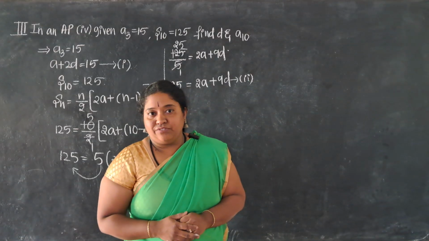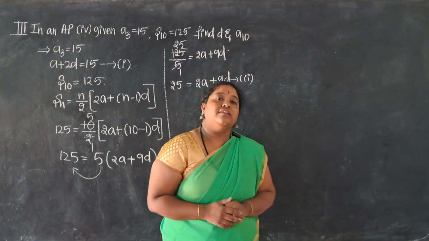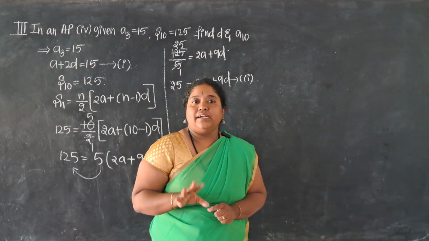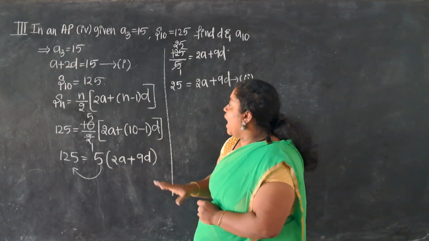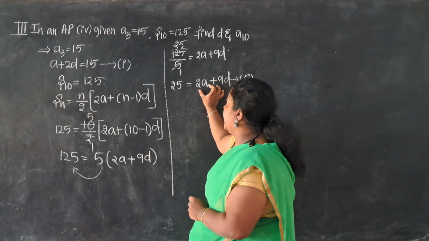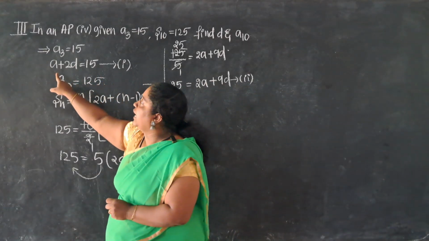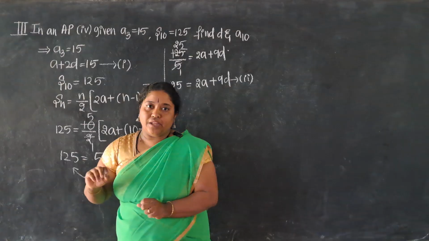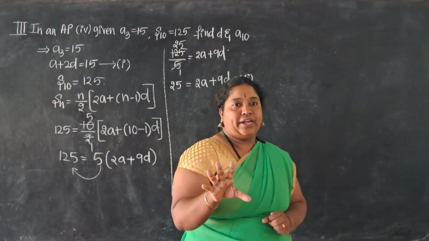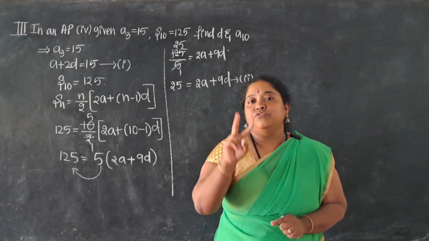There, when two equations were provided, you had to calculate the A and D values using those two equations. Now, see here, I have 2A here, but I have A here. You have 9D here, but I have 2D. And to solve any two equations, I have to use two rules.